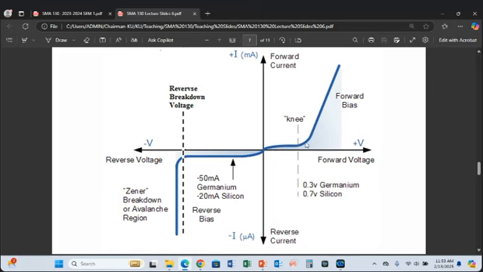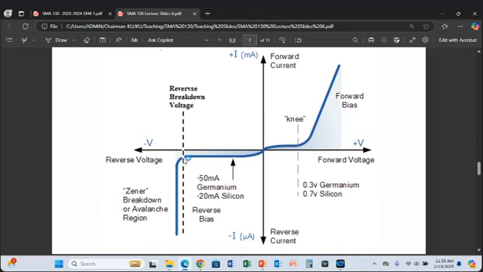So we are showing the variation of current with voltage when the diode is forward biased and when it is reverse biased. When it is forward biased, it conducts current very well, but you must overcome the barrier potential for the diode to start conducting. For the reverse bias, it allows a very, very small current to pass through.